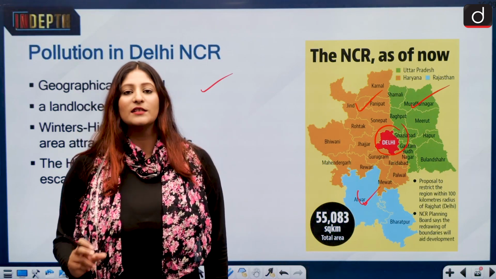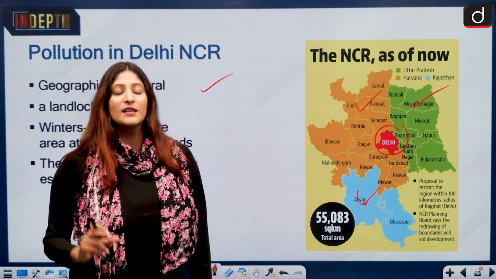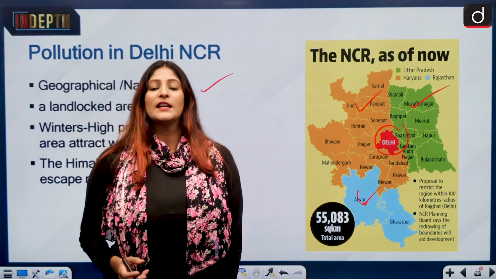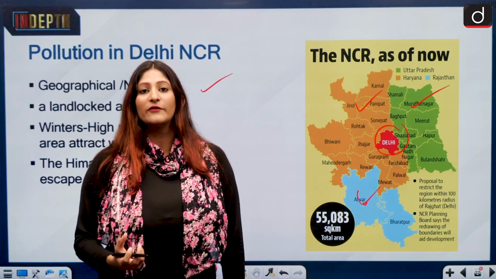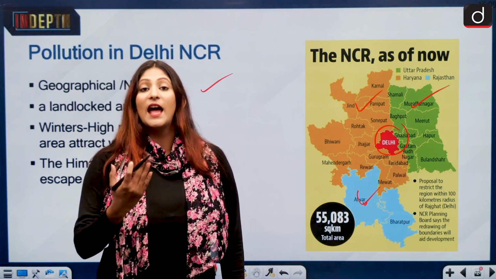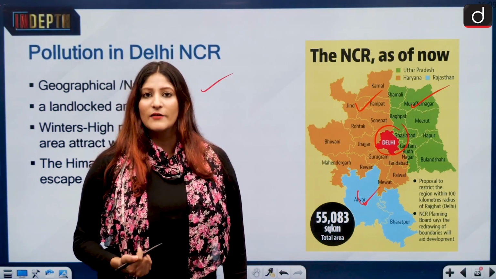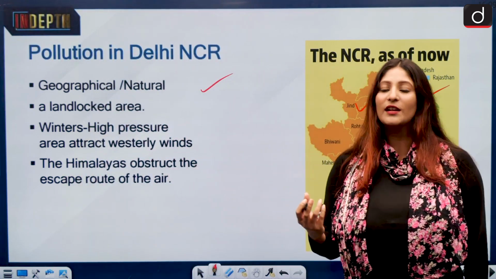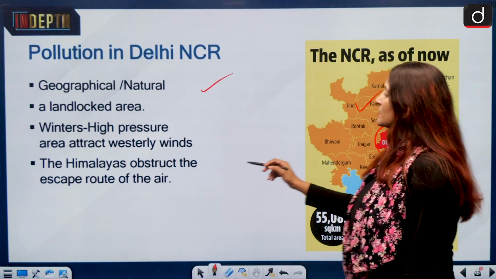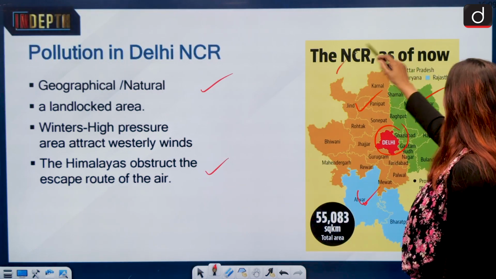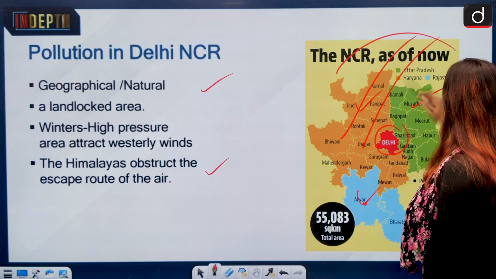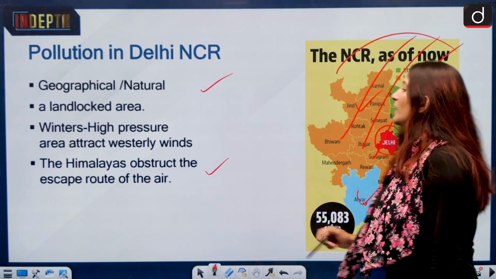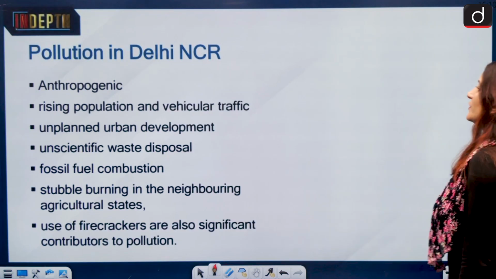And in winters, a high pressure area is created in this region, and it attracts westerly winds from Rajasthan and as far as from Pakistan and Afghanistan, which leads to dust settling in this particular area. And the Himalayas also tend to obstruct the air route. So what happens? The dust particles tend to settle over here. These are the natural reasons.